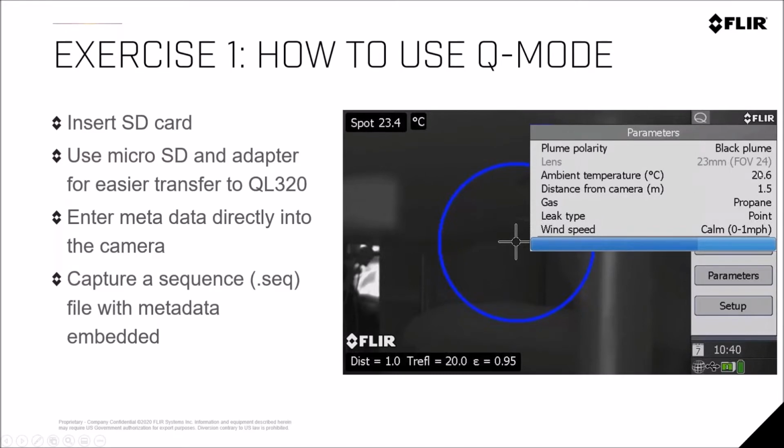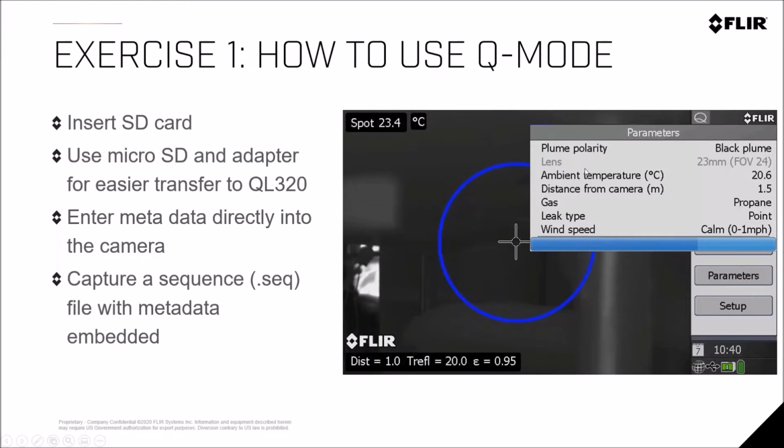What in degrees Celsius is the ambient temperature of the location where that plume is coming out of its component? The distance from the camera, the primary gas, the leak type, point or diffused. Again, 95% of the time you will use a point. And then the wind speed. Is this calm? Is it normal? Or is it a high wind speed?